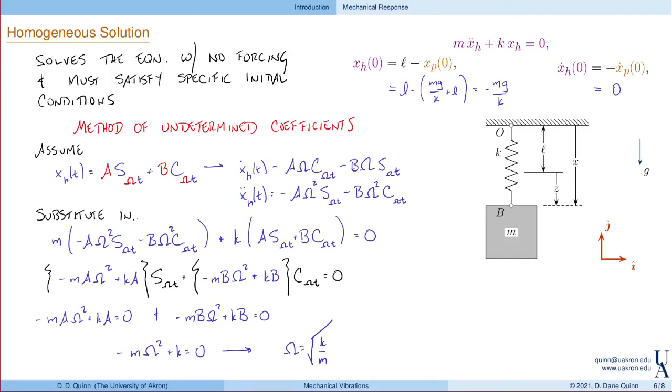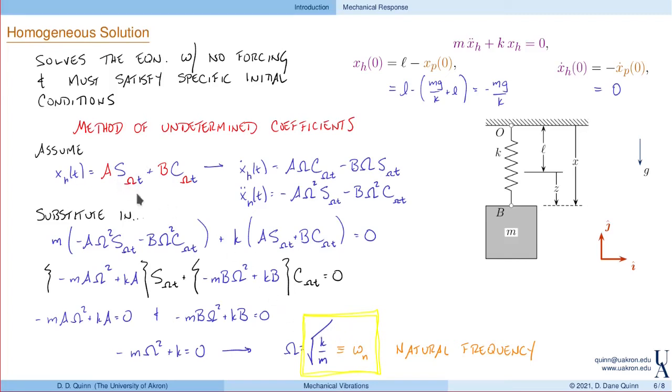This is actually defined as omega n and referred to as the natural frequency. I make this distinction because here omega was just some frequency to be determined.